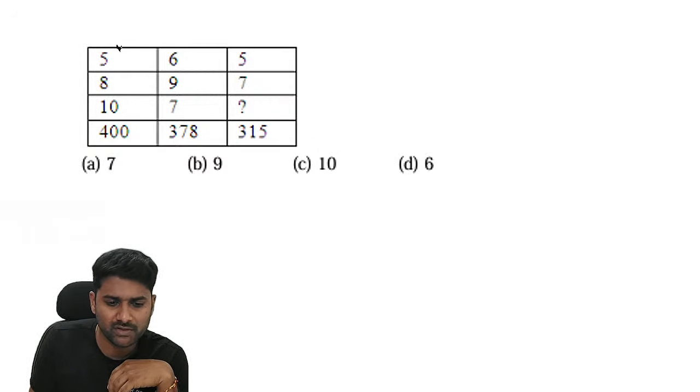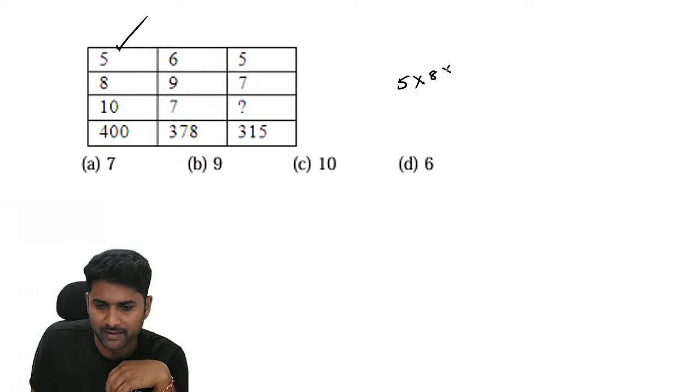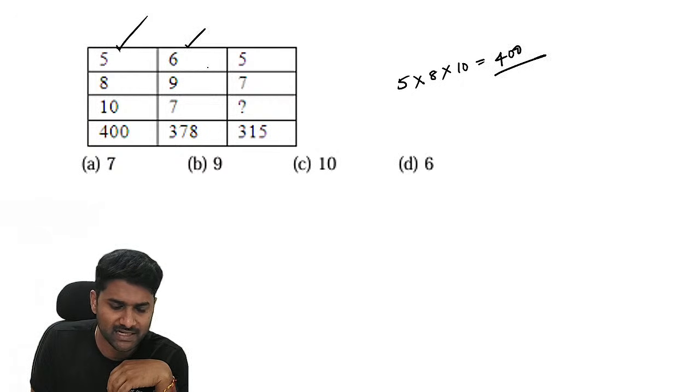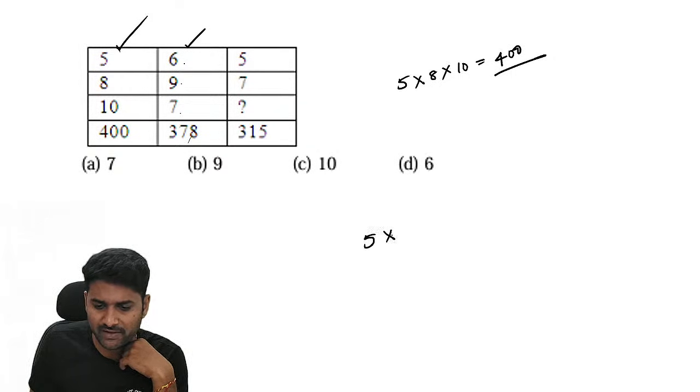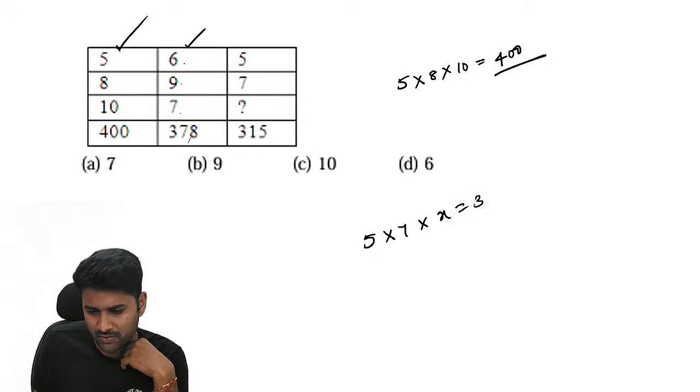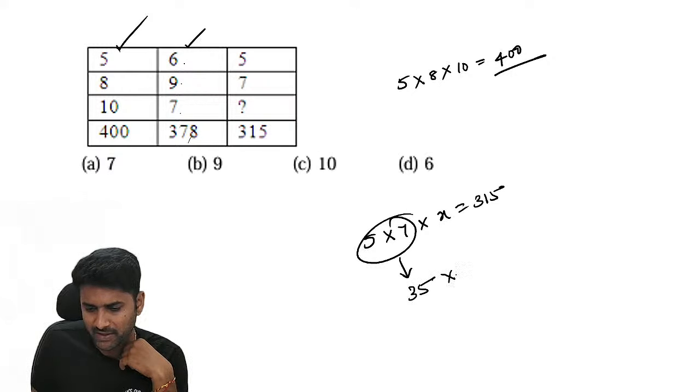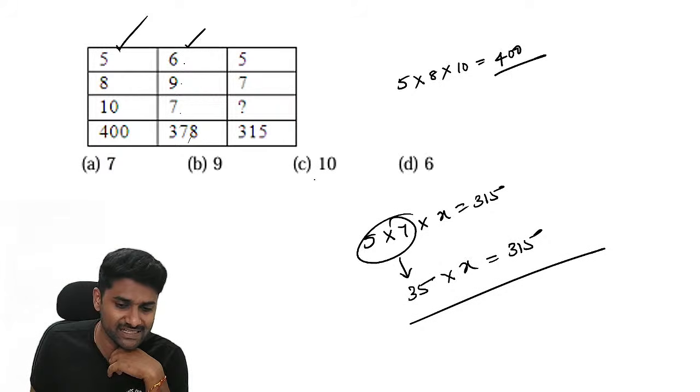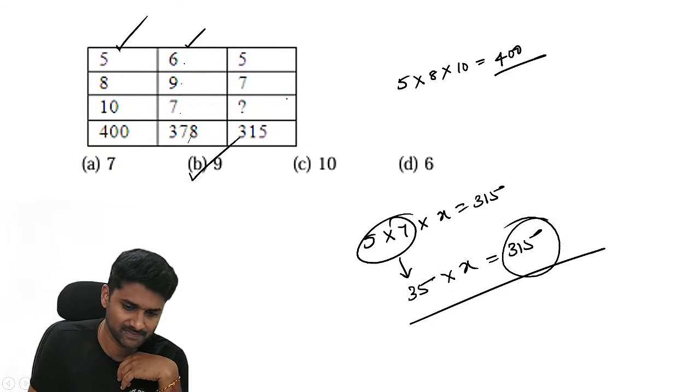If you check with the column, 5 into 8 into 10 is equal to 400. Verify whether it satisfies the same condition. 6 into 9 into 7, so the total resultant is 378. Now see, 5 into 7 into x is equal to 315. And you know that it's all about 35 into x is equal to 315. You know that 35 into 10 is 350, but we need 315, so it is exactly 9 times.